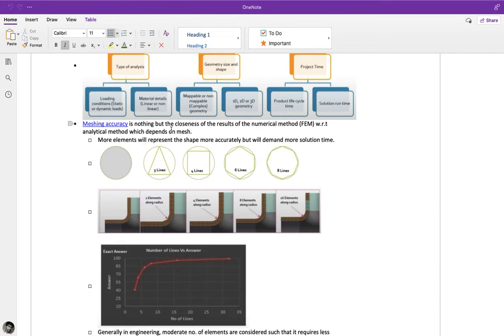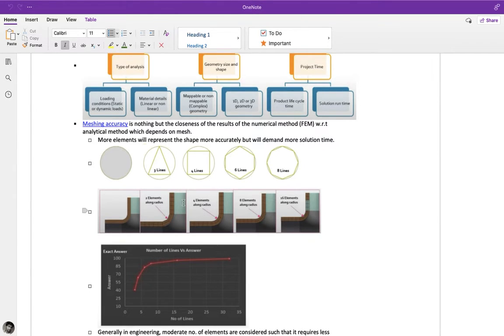This accuracy essentially depends upon the meshing methodology and what kind of elements you're using. Generally, if you use more elements, then those elements will represent the shape of the model more accurately. That means if it represents the shape accurately, then the results of the calculation will also be more accurate, but it also demands more solution time.